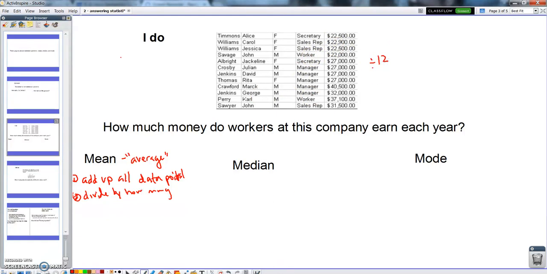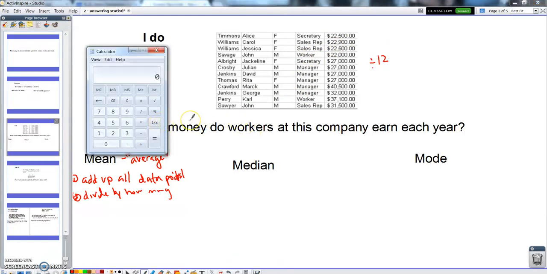I'm going to do that real fast on my calculator here. So 22,500 plus 22,900 plus 22,500 plus 22,000 plus 27,000 plus 27,000 again plus 27,000 a third time.